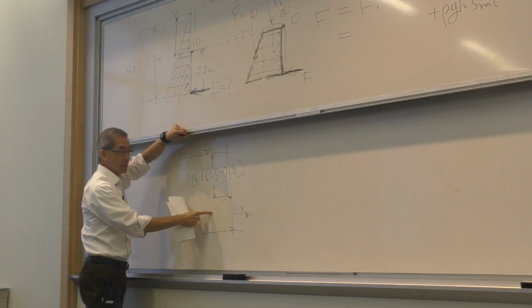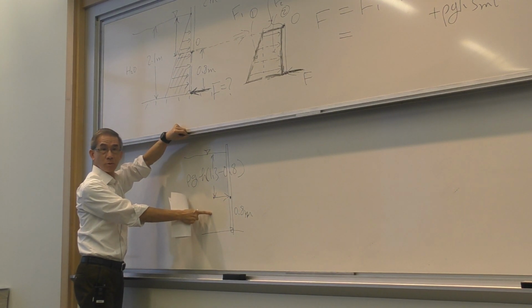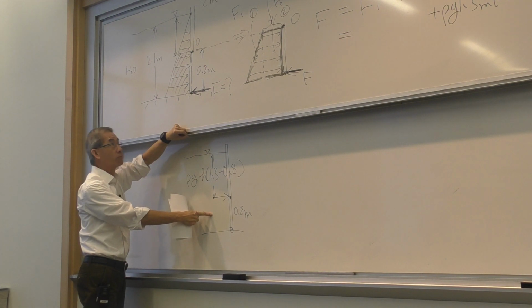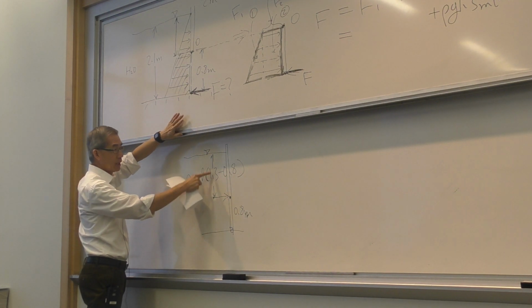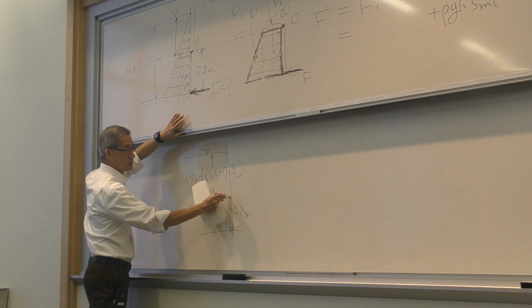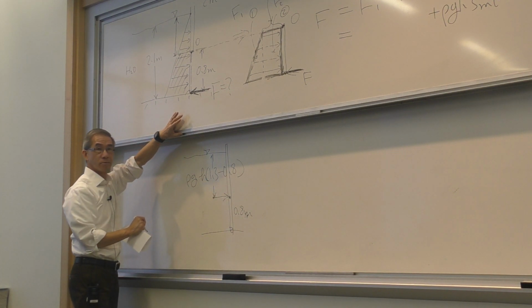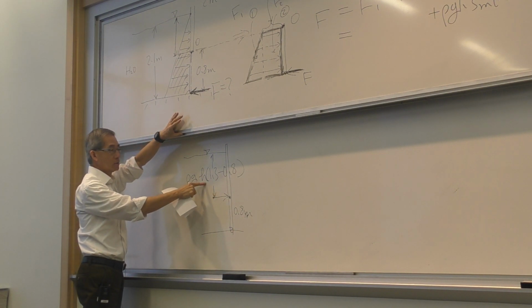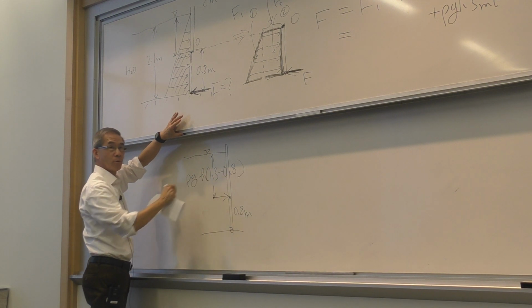So this diagram I hope helps to relate. Forget that diagram, just ask if I am at this location, what is the pressure, and it's given by rho g h, which is 1.3 minus 0.8.